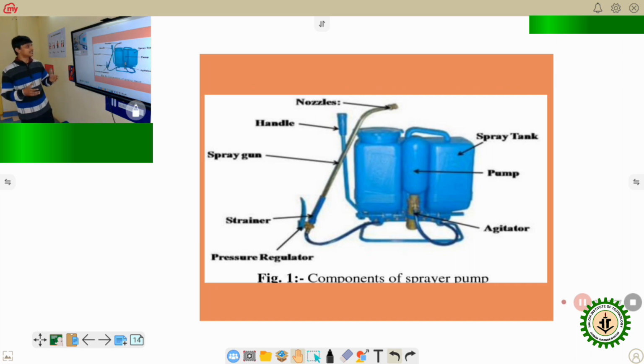Here we are representing a knapsack sprayer and the different parts of the knapsack sprayer, which is associated with a pump. There is an agitator, a strainer, a spray gun, a handle, and a pressure regulator valve. This is a manually operated sprayer, and it is very popular among small and marginal farmers.